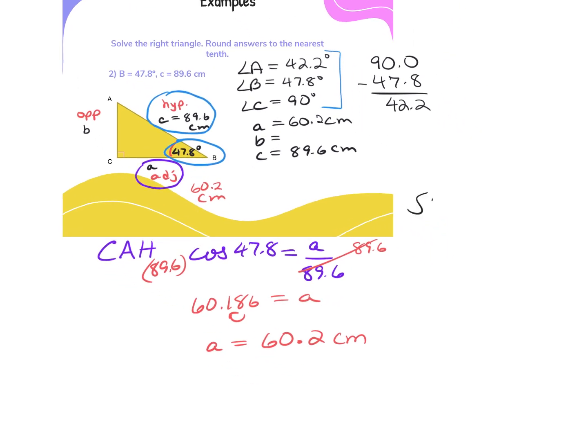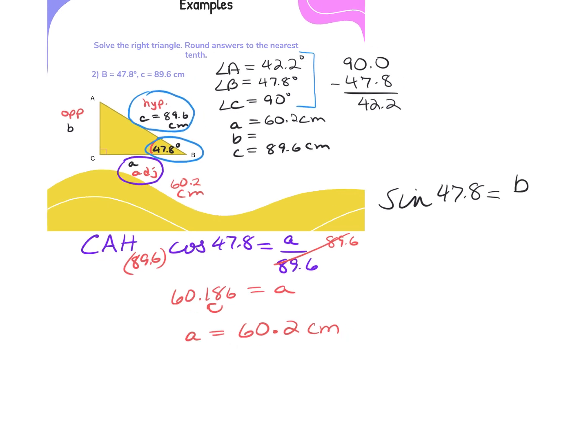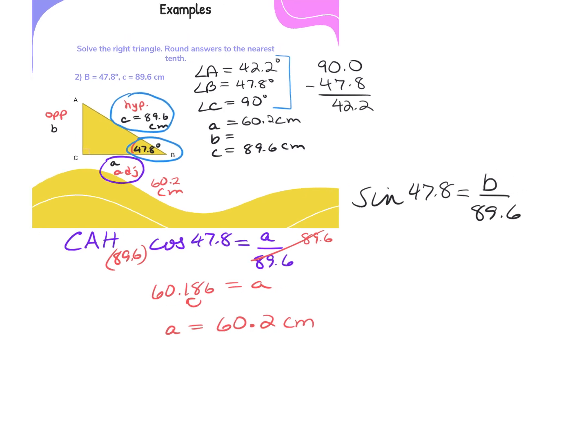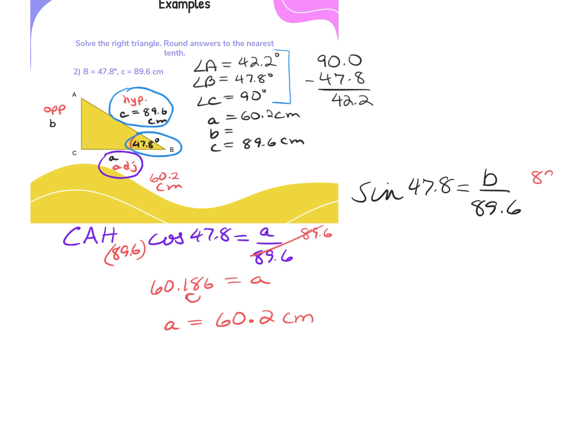So I'm going to be doing sine of the same angle, 47.8, is equal to opposite over hypotenuse. And again, I'm going to multiply both sides by 89.6. It's the same thing. It's different letters. Multiply 89.6 times the sine of 47.8.